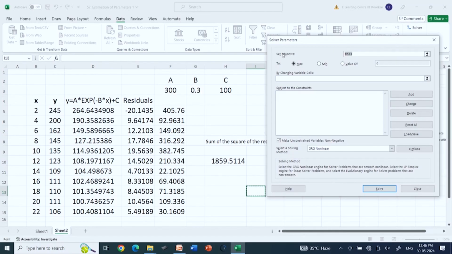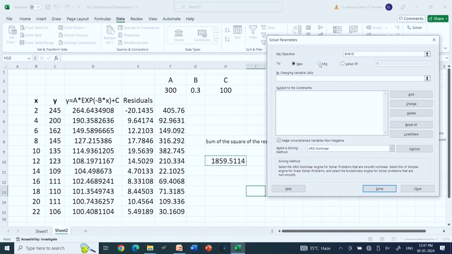What is your objective? Set Objective. The objective is the sum of the square of the residuals, and I have to minimize this. So you click this particular cell and it will appear here.